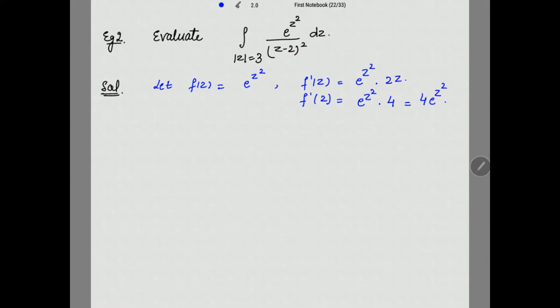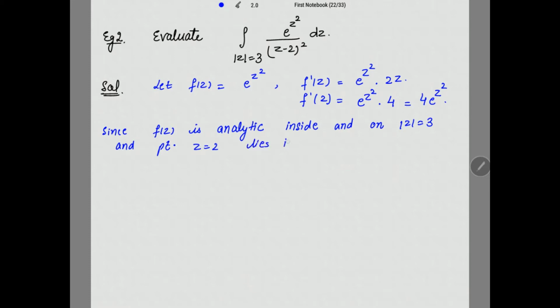Now since again we have to write, since f of z is analytic inside, because if fz is analytic, then only the Cauchy's integral formula applied, and on mod z is equal to 3, and the point z is equal to 2 lies inside mod z is equal to 3.